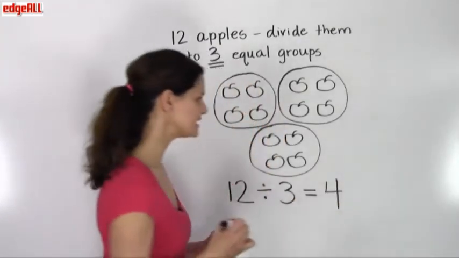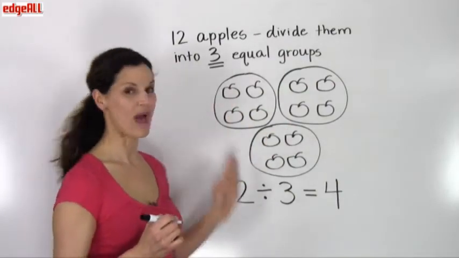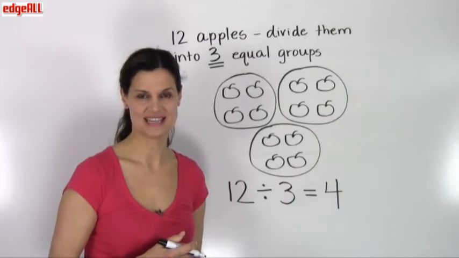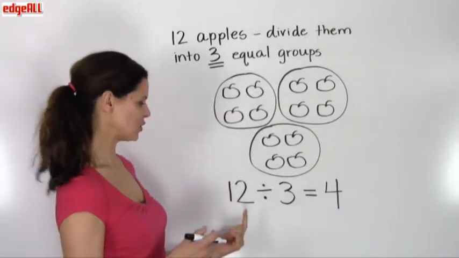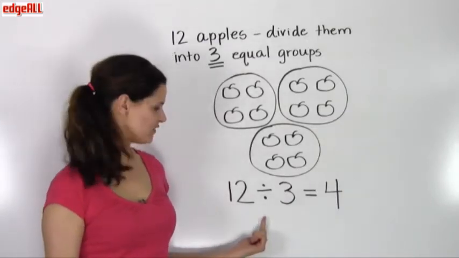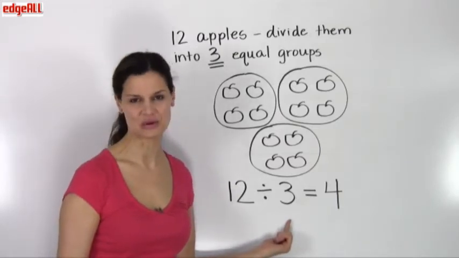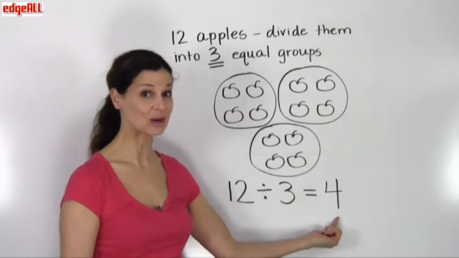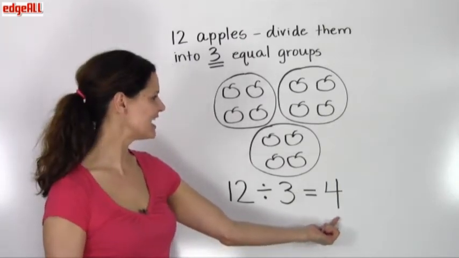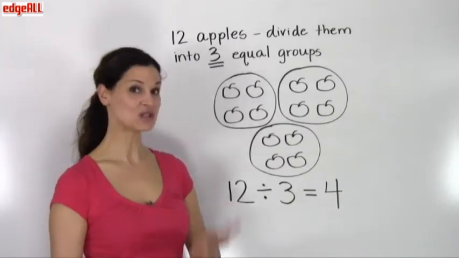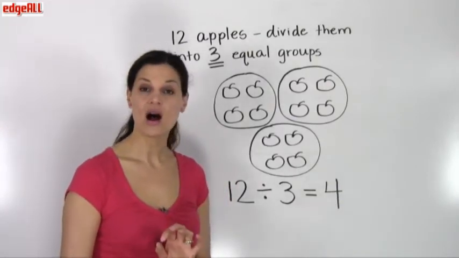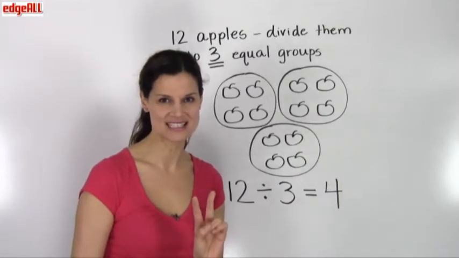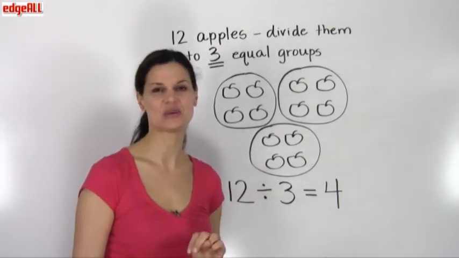So in our first example, we took 12 apples and divided them into 4 equal groups. This time we're taking 12 apples and we're dividing them into 3 equal groups, and we end up with 4 apples per group in this case. Now, looking at these 12 apples, we also could divide these apples into 2 groups of equal numbers in each group.